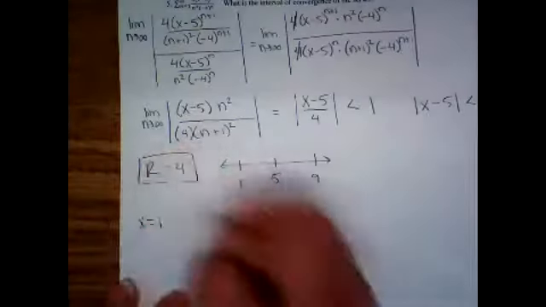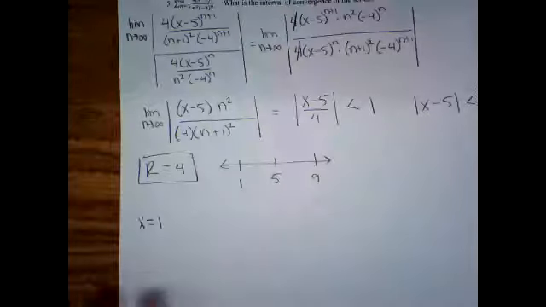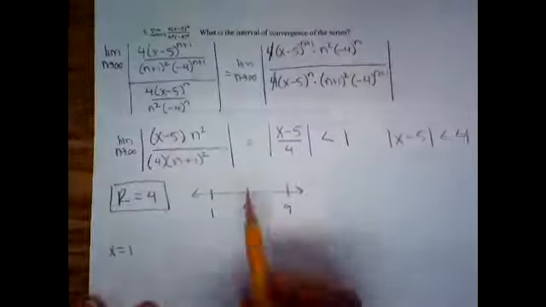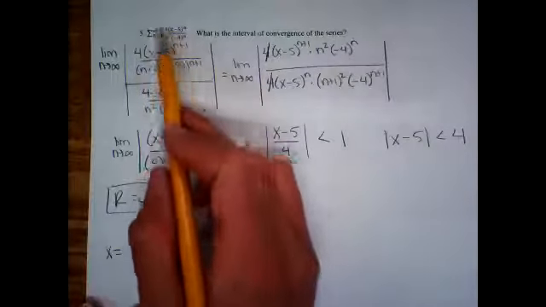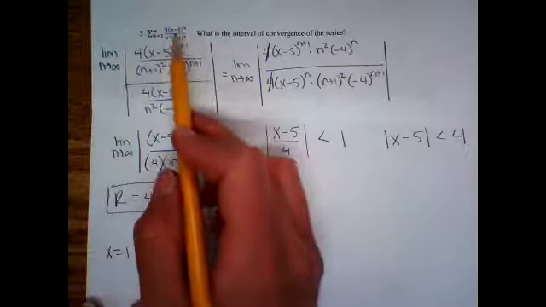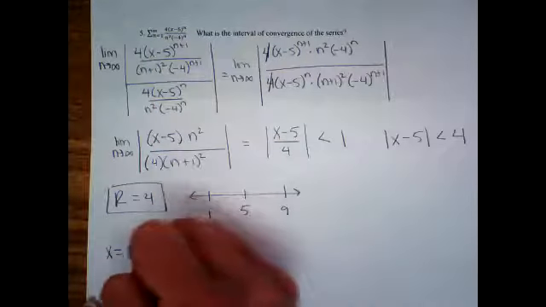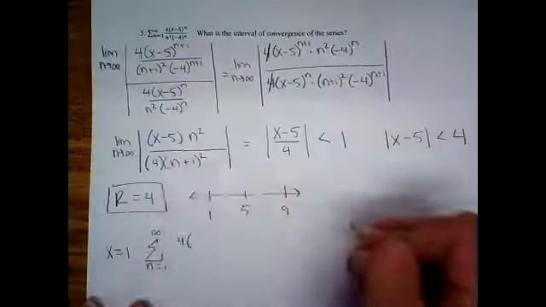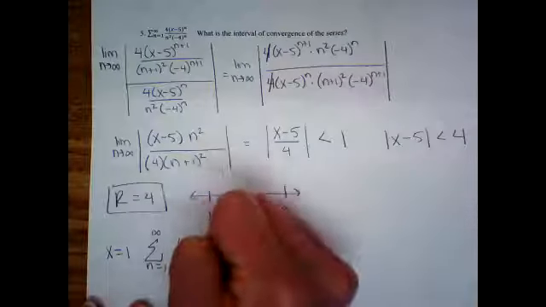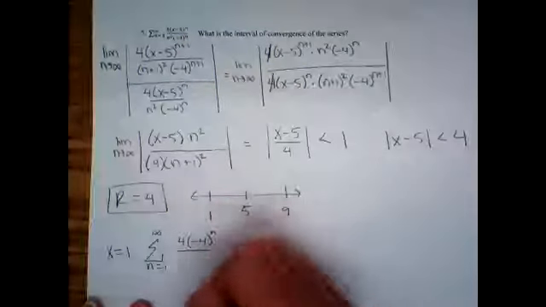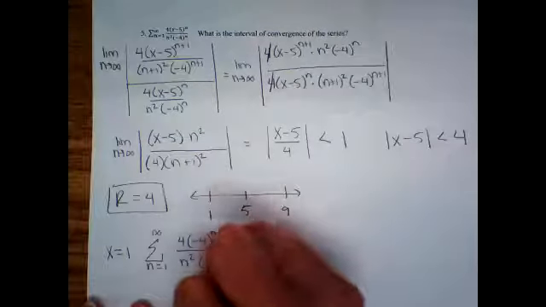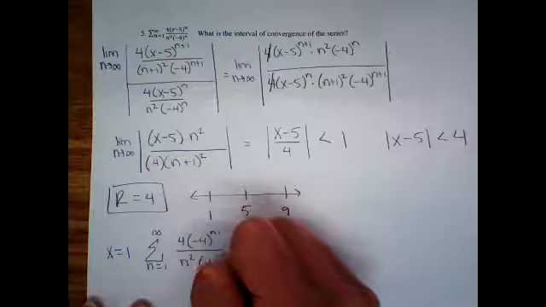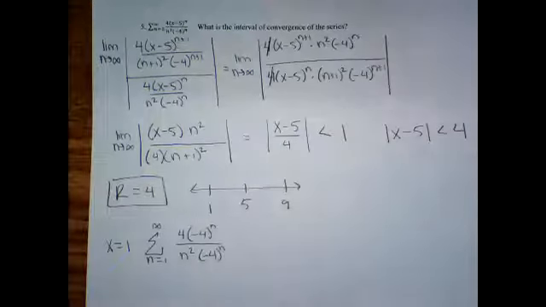So let's let x equal 1. You're going to plug 1 in for x back in this horrible original problem, right? So we're going to plug 1 in for x there. That'll give you 4 times 1 minus 5 will be -4 to the n over n squared. Ooh, -4 to the n. That's actually not going to be too bad because why?